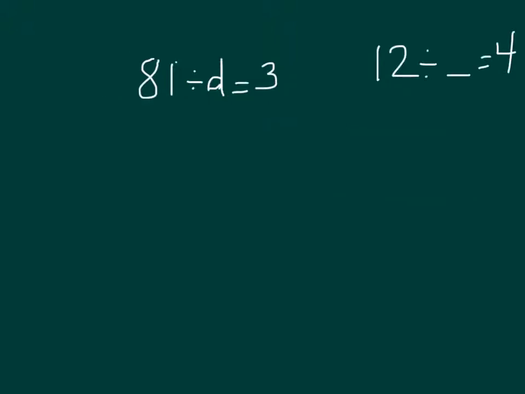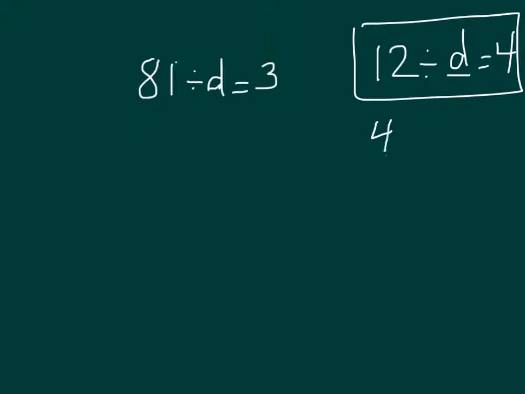For number 3, I wrote a simplified problem over here to help understand what you're going to do. They're set up exactly the same. If I look here, 12 divided by D equals 4, immediately you know the answer is 3. But if you think about how you got there, you said 4 times D equals 12, and then D equals 3.